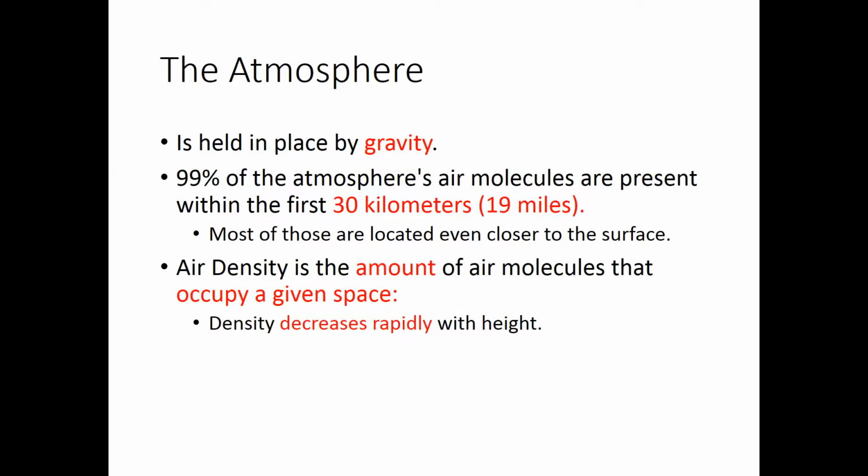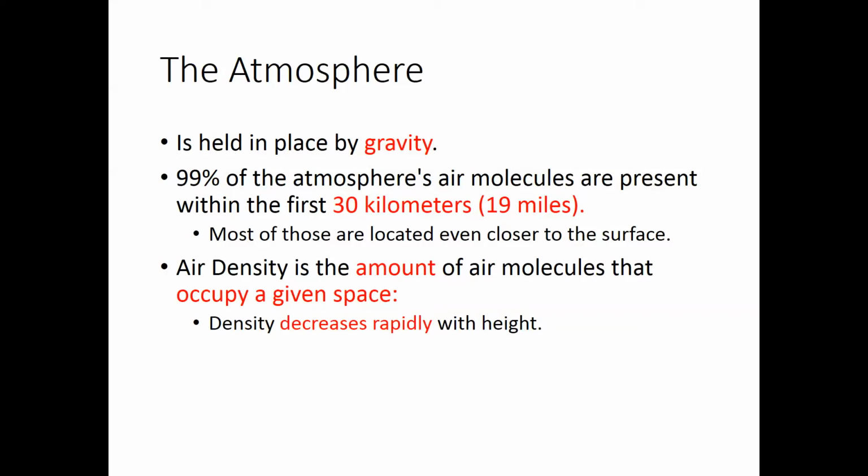So air density is simply the amount of stuff, the amount of air molecules, or the amount of any molecules that occupy a given space. It's the mass per volume again. Near the surface of the Earth, there's a lot of air around us. In fact, in the room that you're sitting in right now, there are trillions and trillions and trillions of air molecules floating around you.